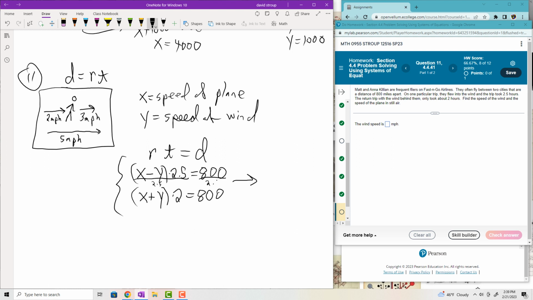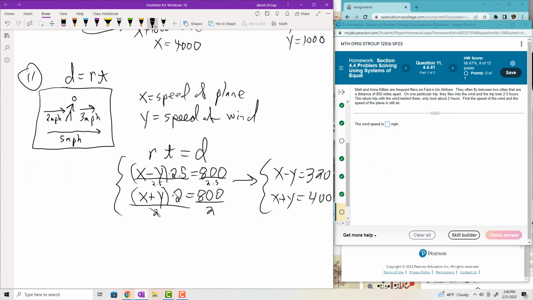So in that case, you'll have x minus y equals 800 divided by 2.5, which is 320. And on the second equation, if you divide both sides by 2, on the left, the 2's will cancel. You'll have x plus y. And on the right, you'll have 400.